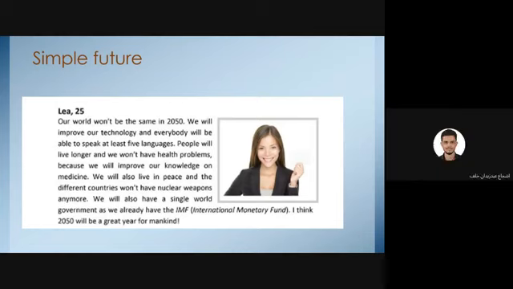Our world won't be the same in 2050. We will improve our technology and everybody will be able to speak at least 5 languages. People will live longer and we won't have health problems because we will improve our knowledge on medicine.